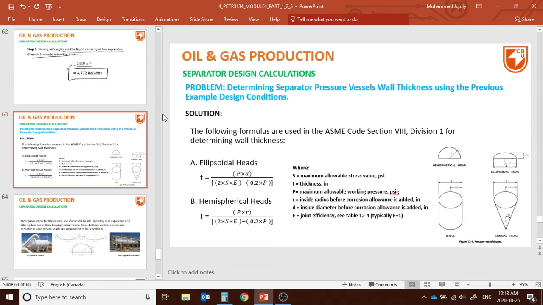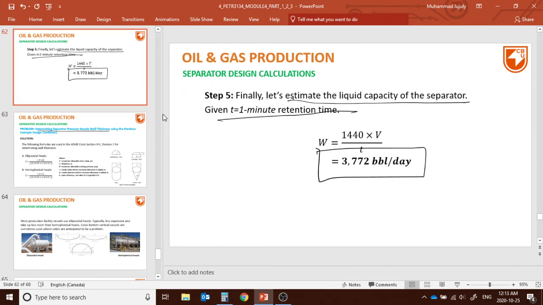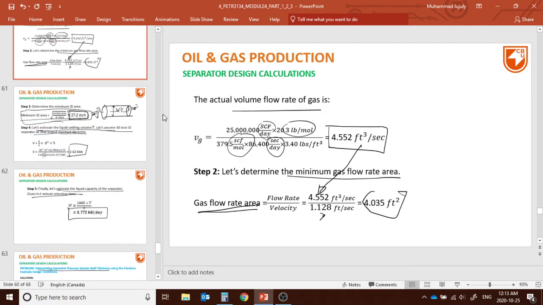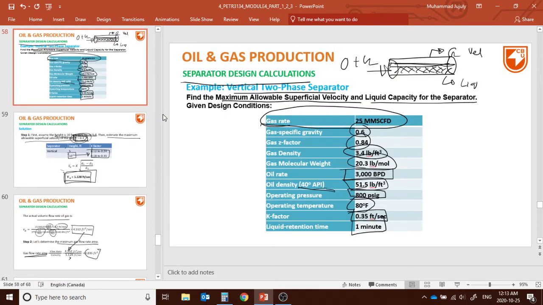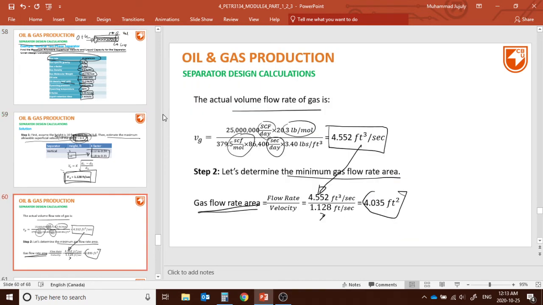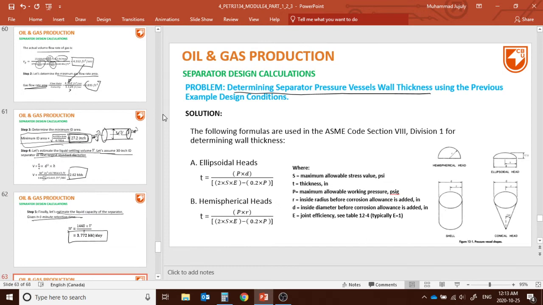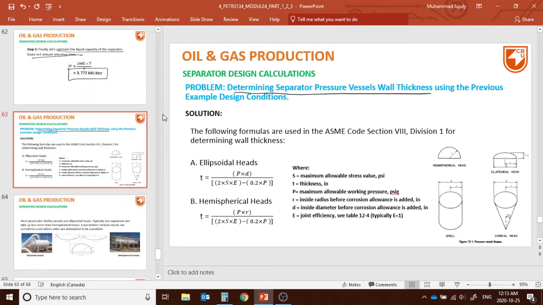The problem is to determine the separator's wall thickness. Let's assume in the previous example we decided what the liquid capacity and flow rate for the separator would be. So what would be the wall thickness, or the maximum pressure of the separator. Okay, let's do that example.